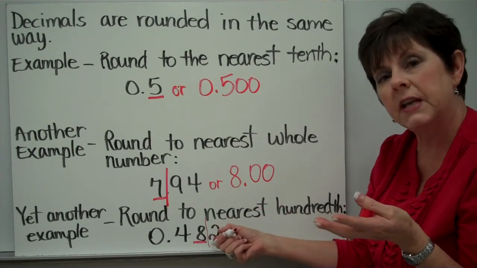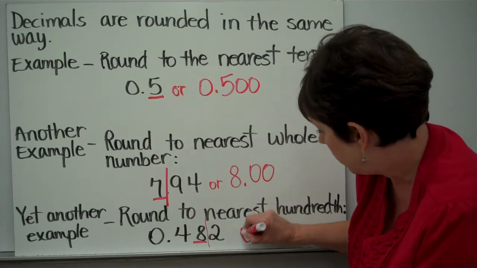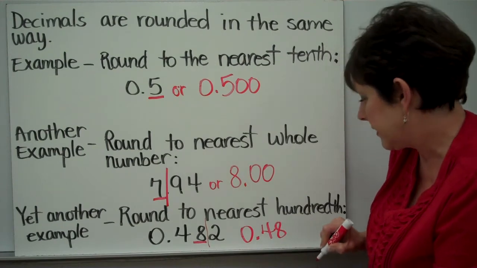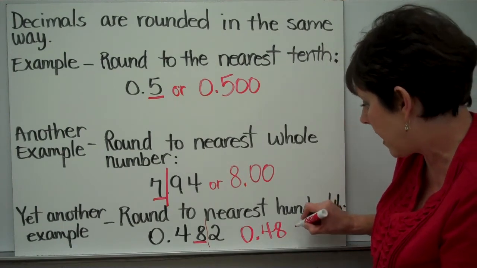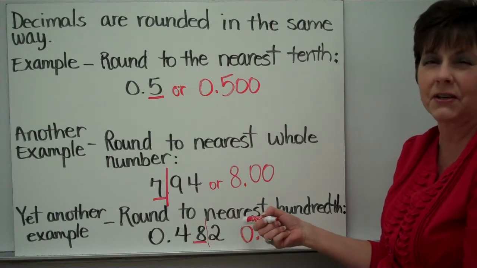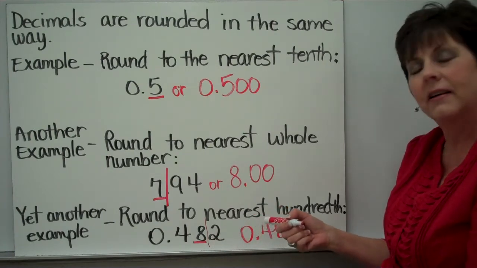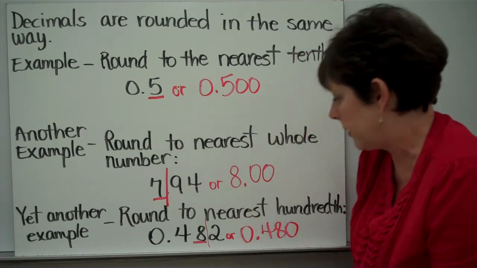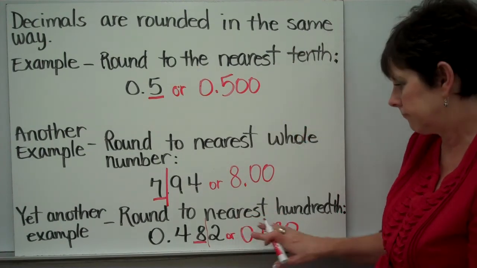So the 8 will stay the same, and the number, if we write it out, will be 48 hundredths. We can put the 0 there because I said everything to the right of the number is to go to zeros. You could do it that way. So either way works.